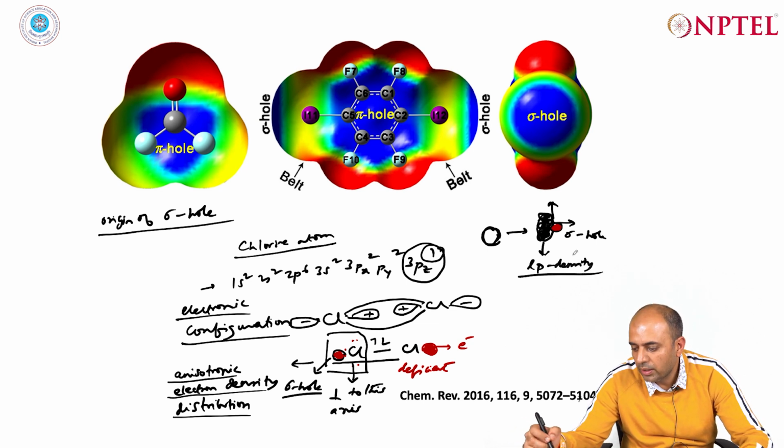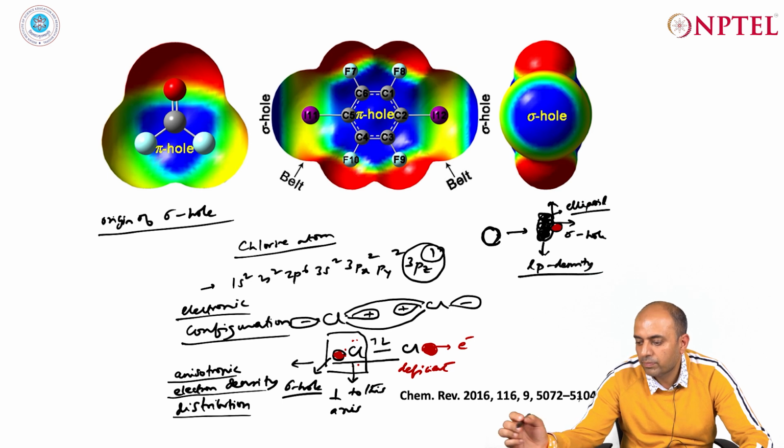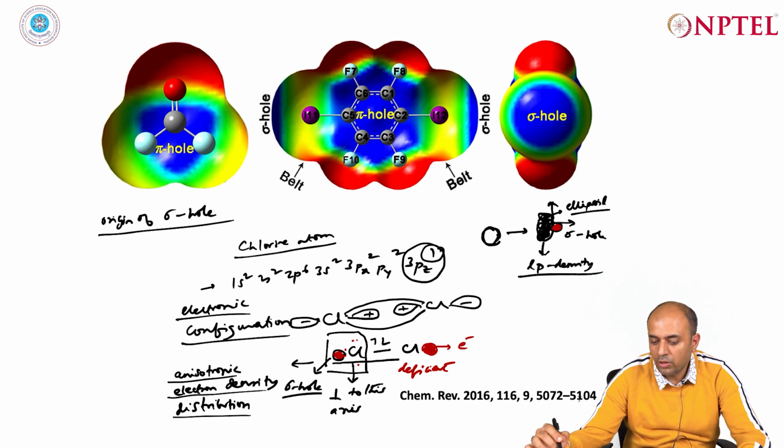The sigma hole and the lone pair density are essentially perpendicular to each other, and now the atom is also polarized. The electron density distribution more resembles an ellipsoid. So, this is the origin of the sigma hole.